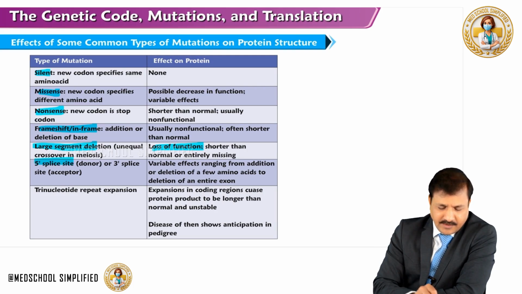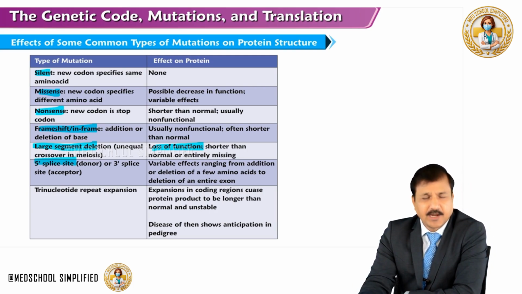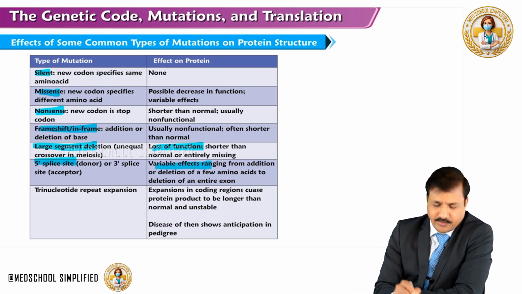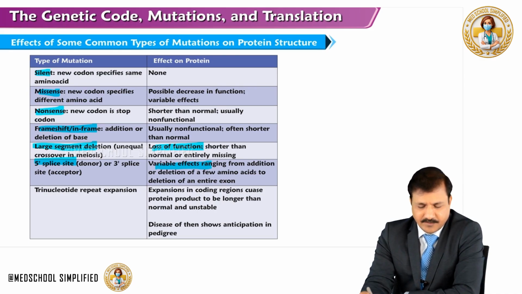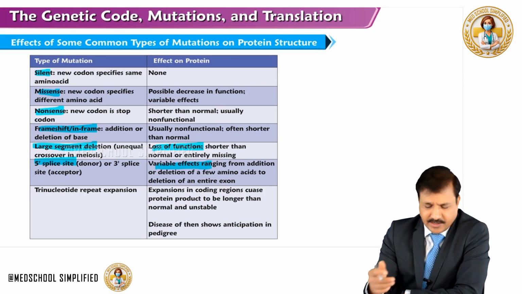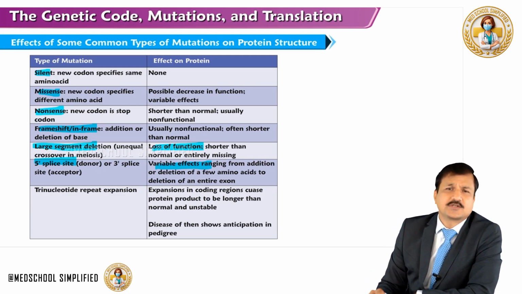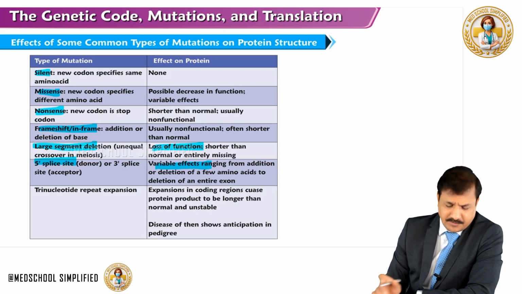Then we have the 5' splice site or the 3' splice site mutation, which can lead to variable effects ranging from addition or deletion of a few amino acids to deletion of an entire exon, leading to altered protein function or no function of a protein.